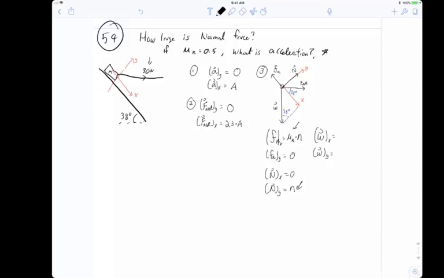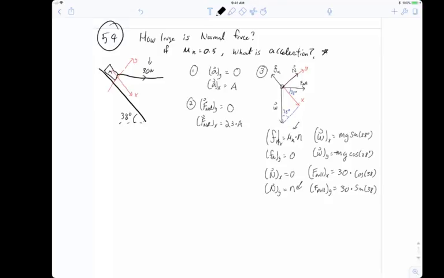This is going to be mg sine of 38. This is mg cosine of 38. And it's in the negative direction. Similarly, F pull in the x direction, you decompose that, and it's 30 times cosine of 38. And F pull in the y direction is 30 times sine 38.